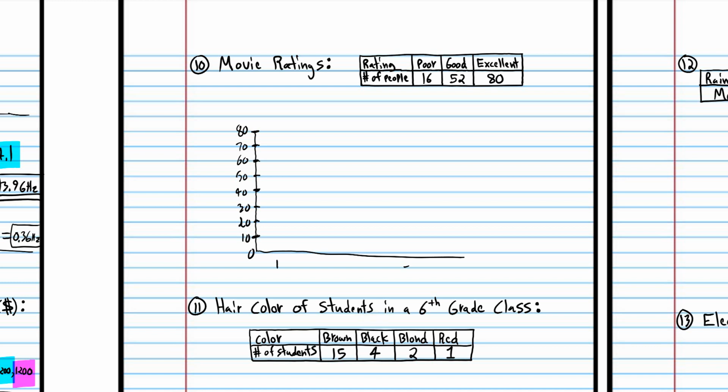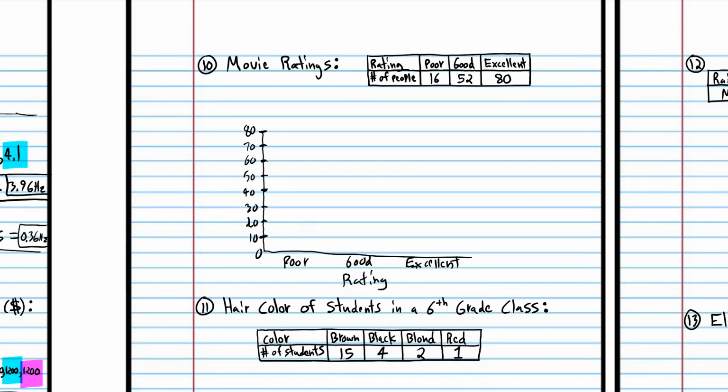And then we have a rating of poor, good, and excellent. So we're going to label this axis ratings, and this is again number of people. So all of our data just happens to be mostly people that we're counting here, but you can count other things also.